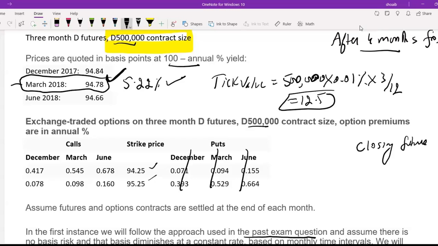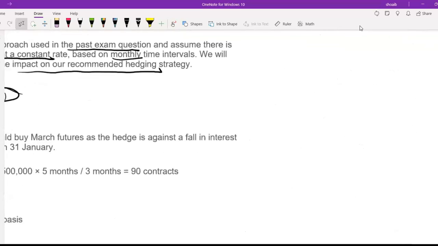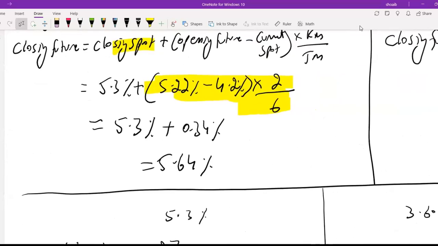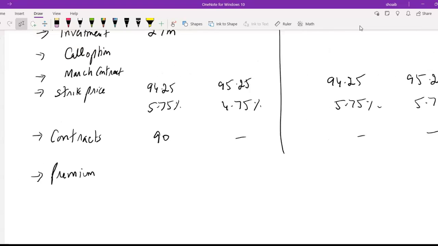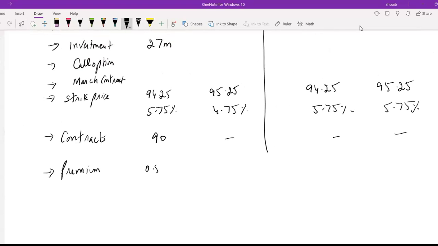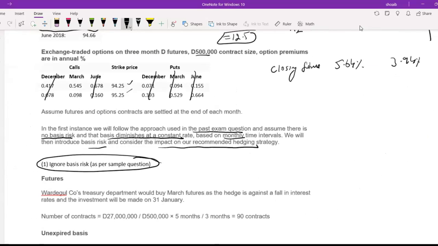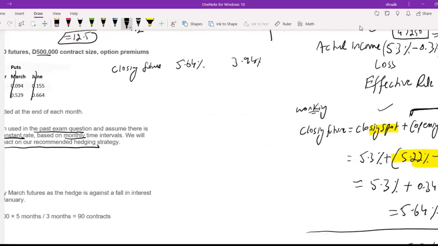There would be no put option. There would be no June. There would be no December. 0.545, 0.098.